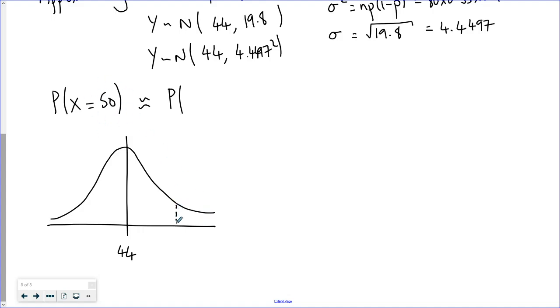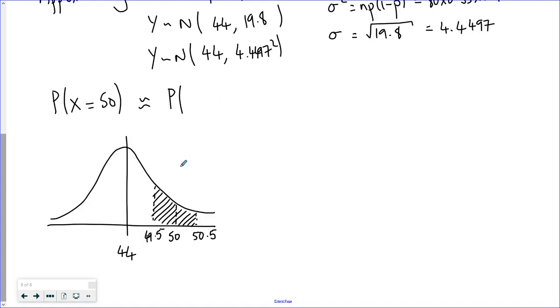So let's put 50 on our diagram, and let's put in 0.5 above and below: 49.5, and 50.5. Now, when we do our continuity correction, we're going to work out all of this area because that's going to approximate the bar for 50.